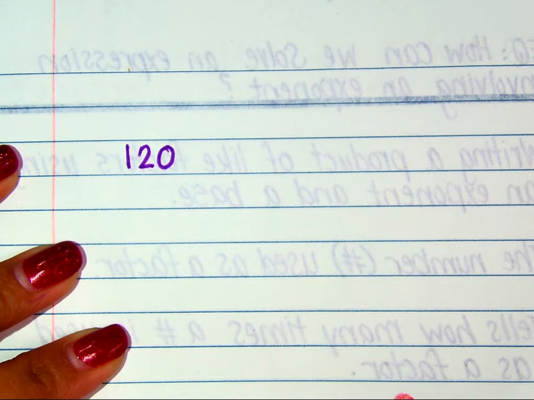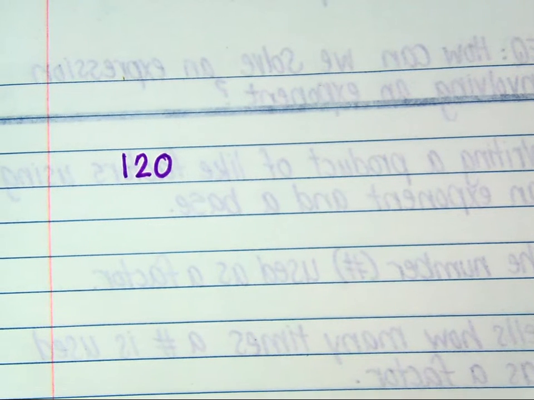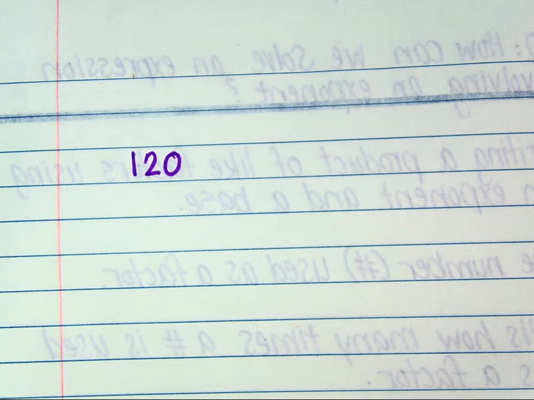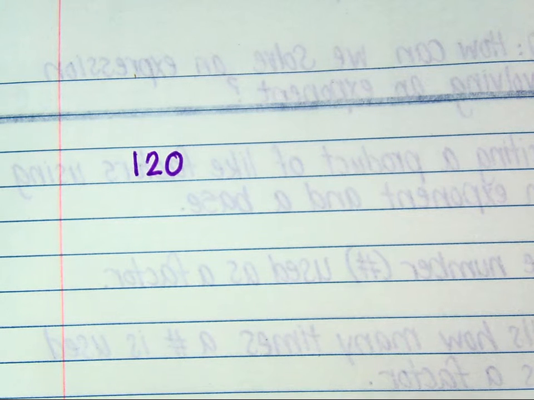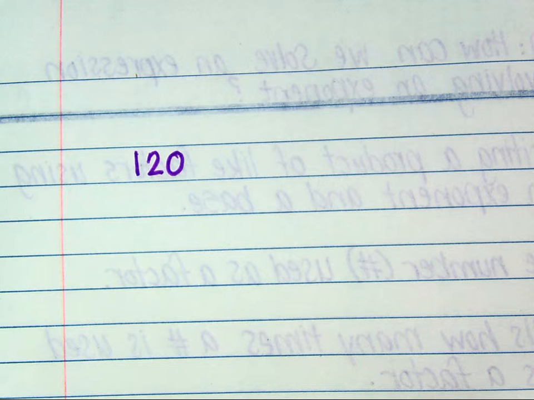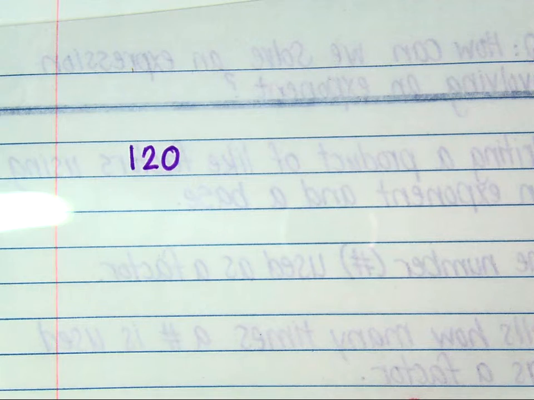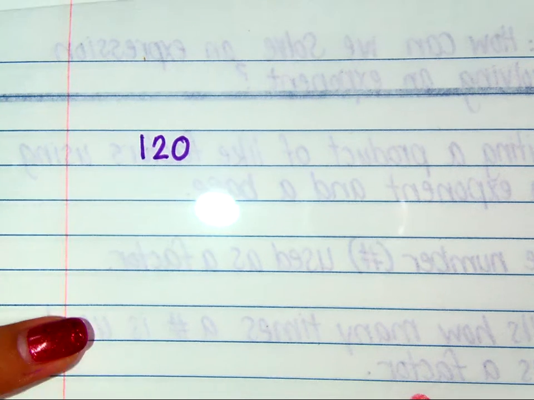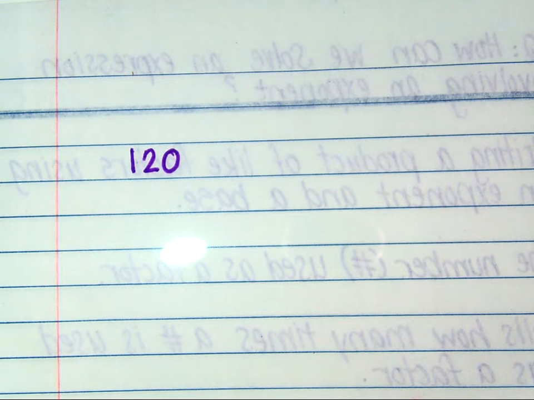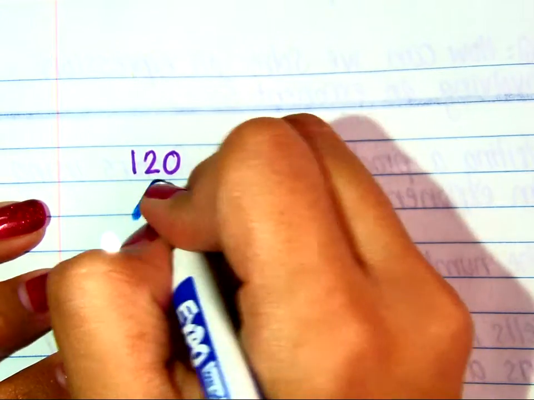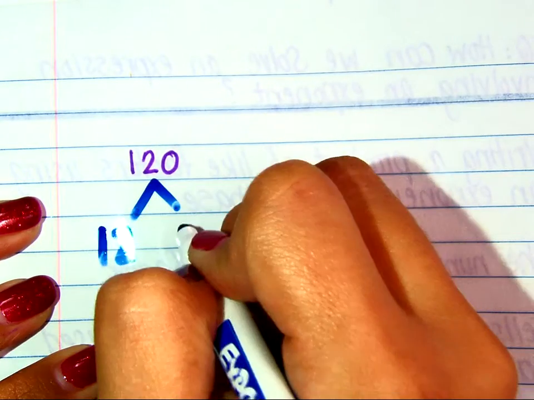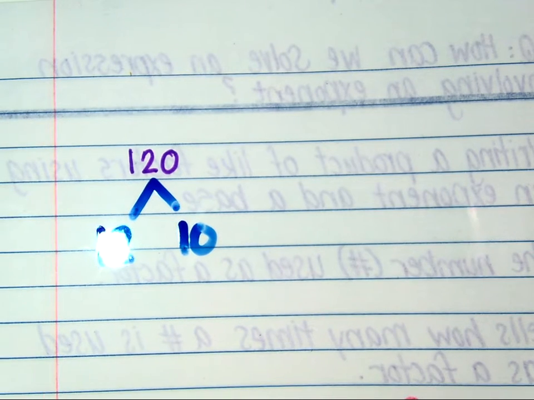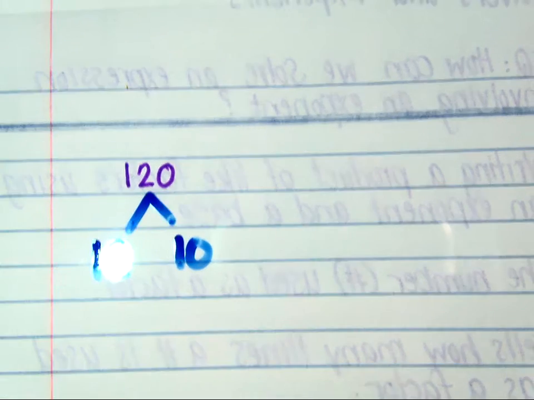If you said it's composite, that is correct, which means you have to continue breaking this down. So I need to look for 2 factors. And this would be a good place for you to pause it really quickly, try this one on your own, and then come back and see if we have the same thing. Okay? So I'm going to use 12 and 10. That glare is right over that 12.